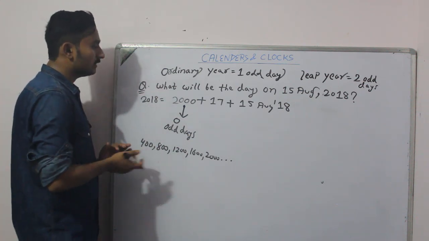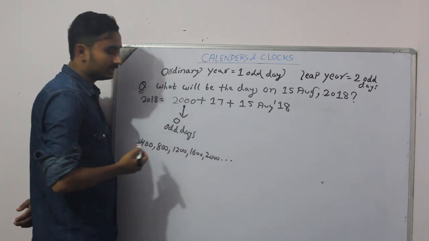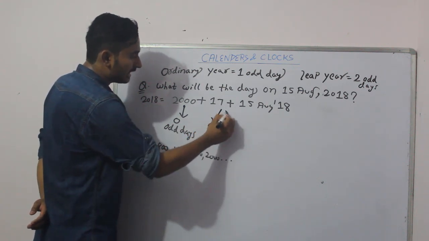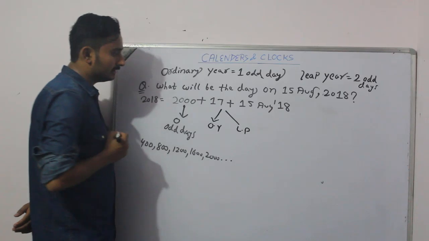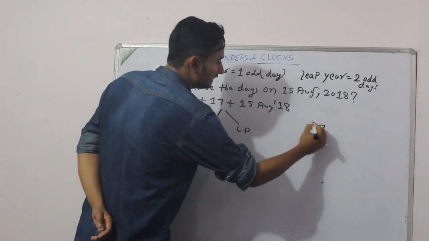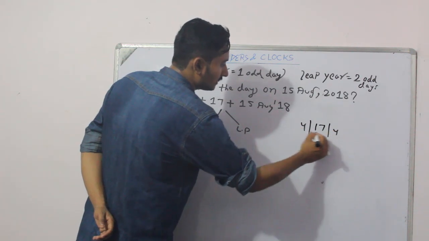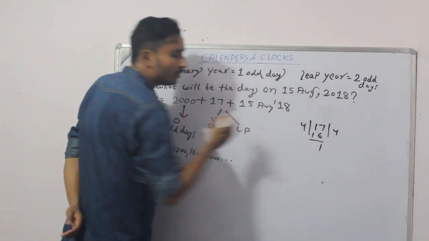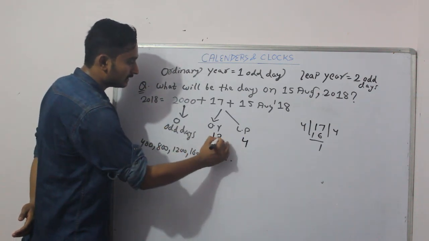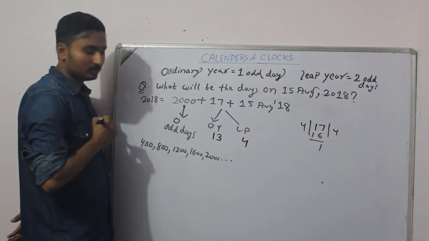Now these 17 years can be split into ordinary years and leap years. If we divide 17 years by 4, we get 4 leap years, so we have 4 leap years and 13 ordinary years.